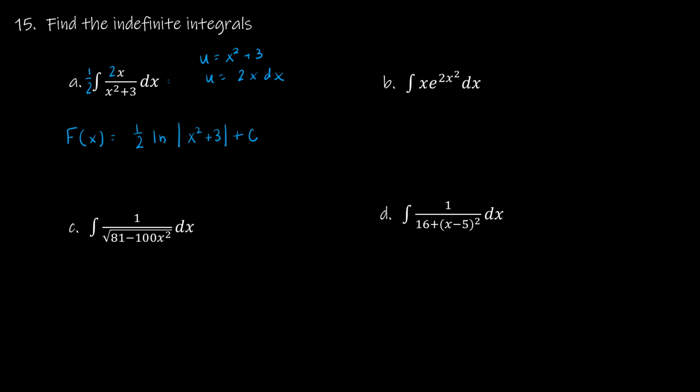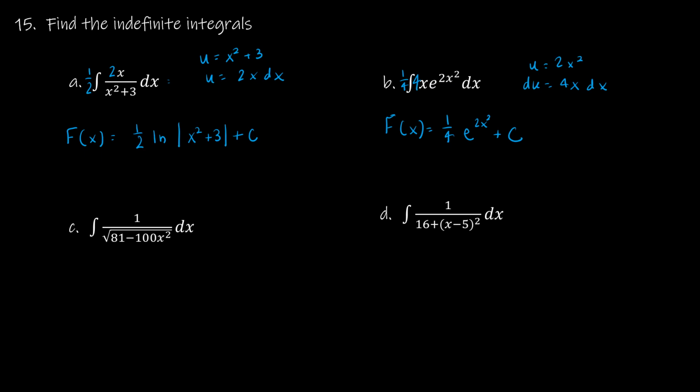For b, u is 2x squared, du is 4x dx. So I'm going to put a 4 there and a 1/4 there. So f of x is going to be the 1/4, and then e to the 2x squared plus c.